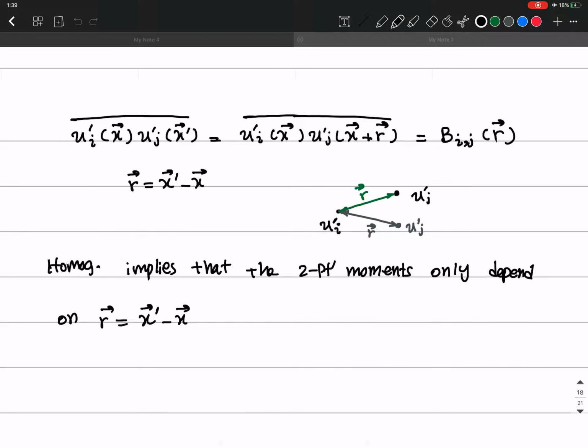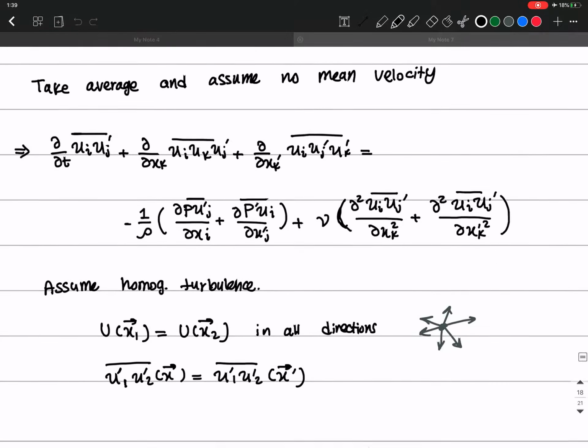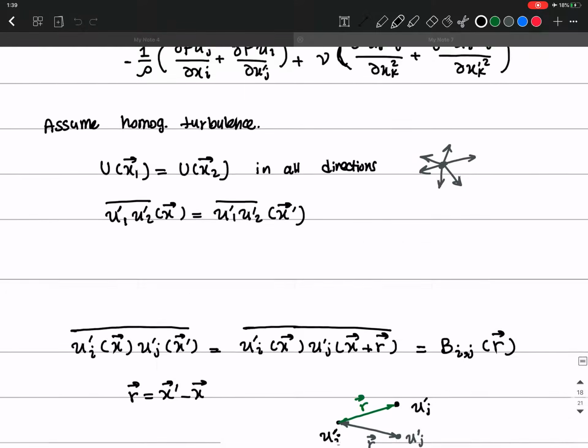Hello again. So now that we talked about this homogeneity, we want to use that homogeneity concept to further simplify this equation.